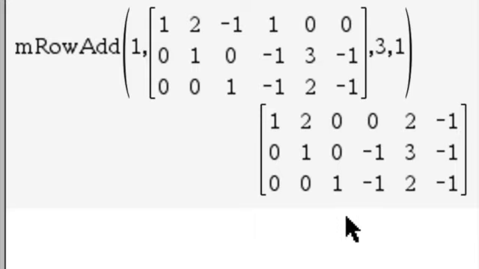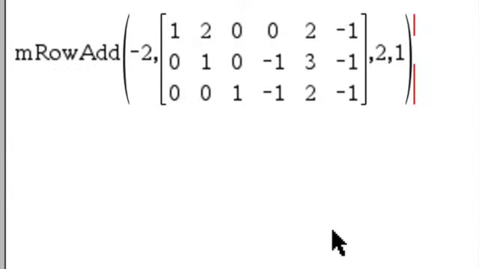Now, I'm almost done. All I have left to do is to get a 0 here, and I'm going to do that using row 2. If I multiply row 2 by -2 and add it to row 1, I should have it.